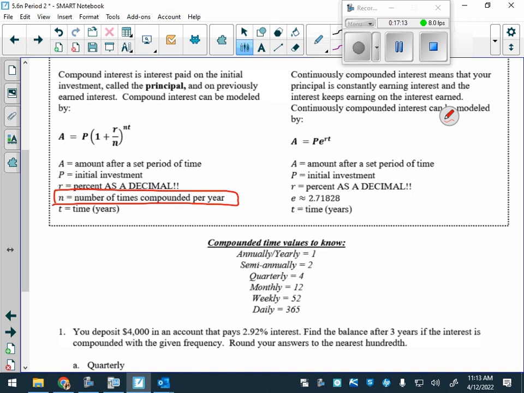Then, if you have something called continuously compounded, that's your key word. You will be using the PERT formula. Okay? A, P, R, and T is the same. However, e is just like pi. It's an irrational number that is in your calculator.